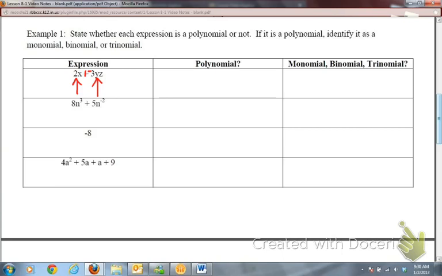So yes, this is a polynomial. In the next column, we put yes, it is a polynomial. And since it has two terms, it is a binomial. So in the third column, we write that it is a binomial.